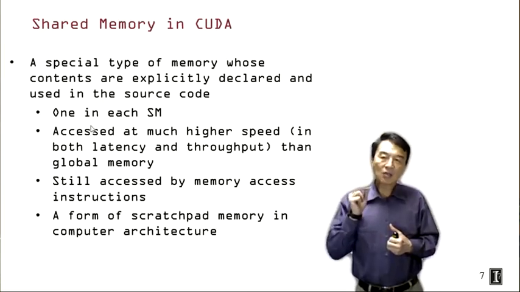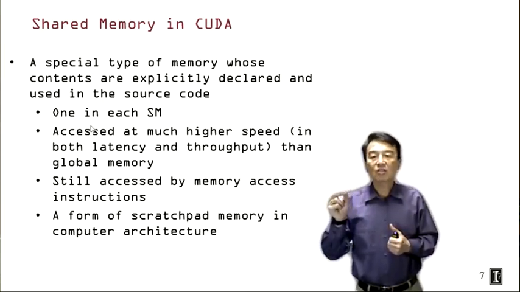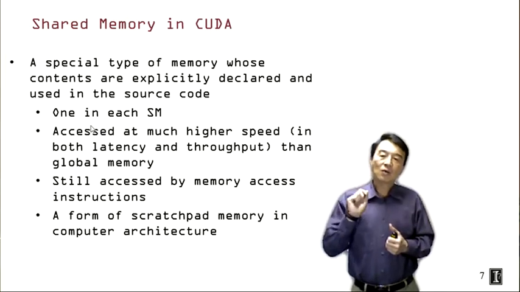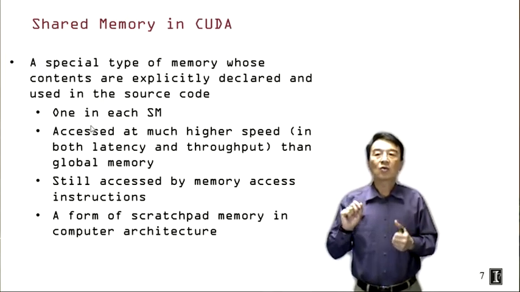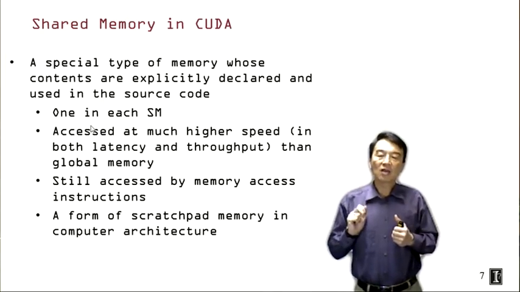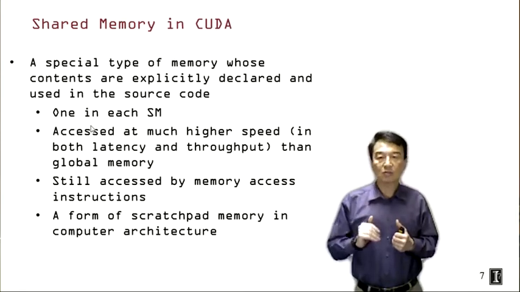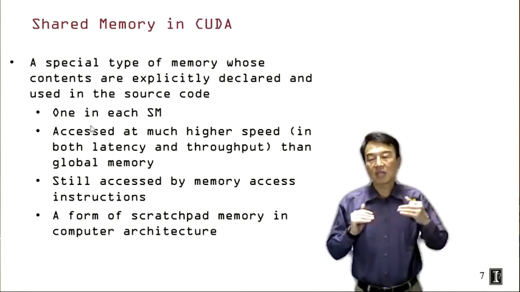But you need to keep in mind that the shared memory is still being accessed with memory access instructions. So we still need to use explicit memory access instructions in the von Neumann model in order to access shared memory. Whereas registers are actually quote-unquote free. Whenever we need to use a register value, the register access is done as part of the arithmetic instruction, so we don't need to spend an extra instruction.